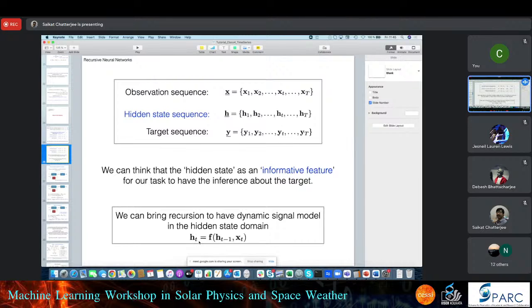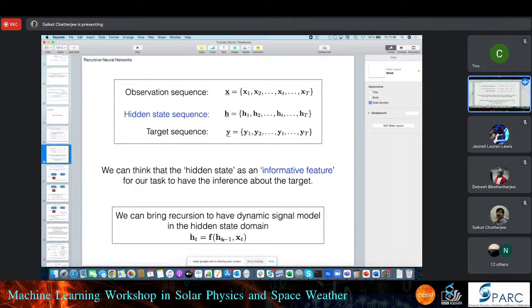At time point t, the hidden state value ht is some kind of a function of the previous hidden state ht minus 1 and the current observation xt. Please note that if I unfold this equation, the current ht is a function of the previous state and the current input.